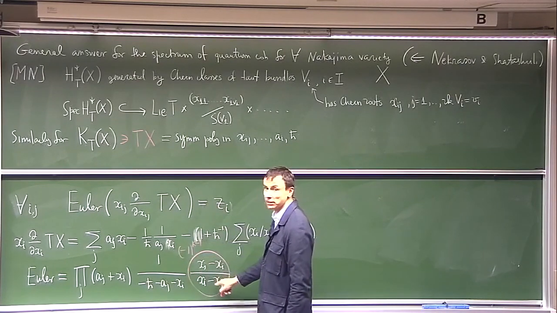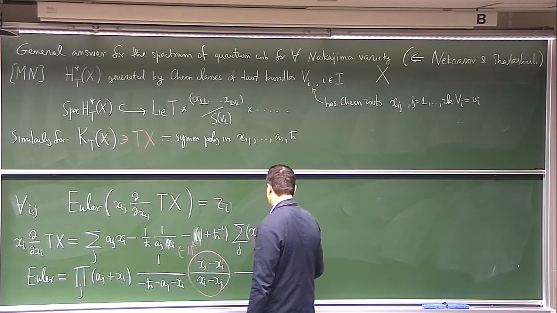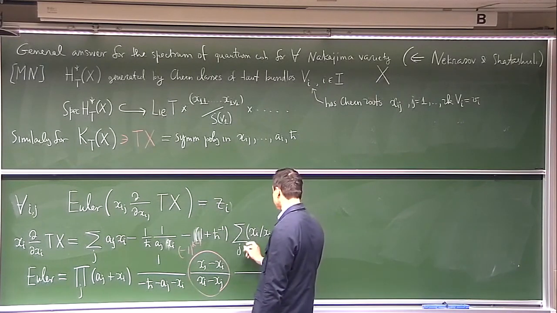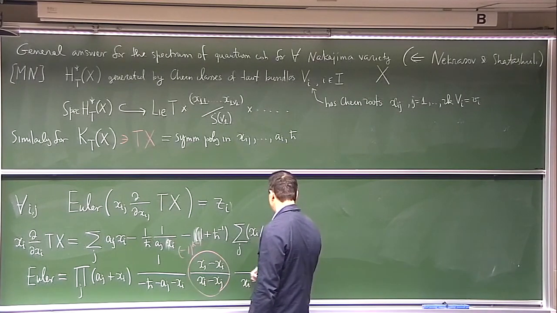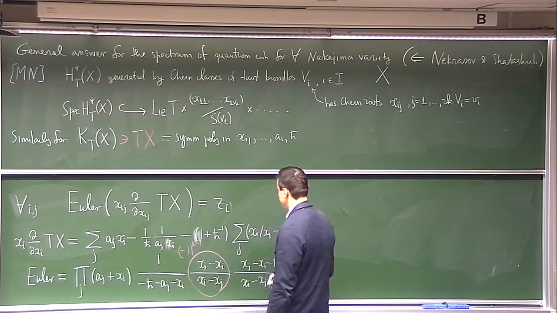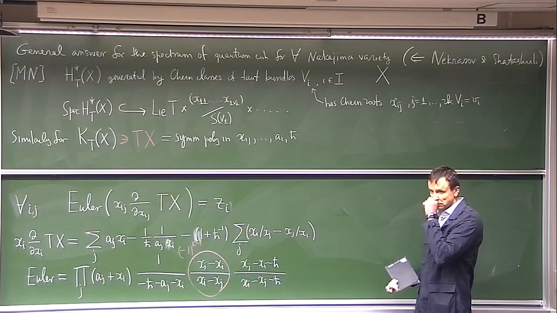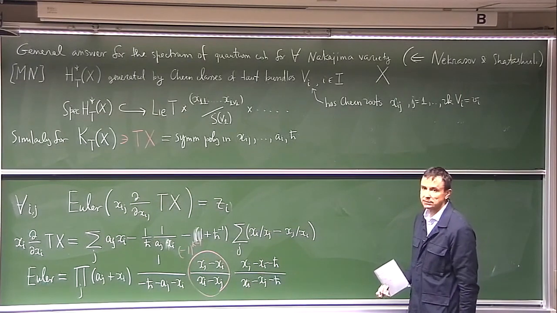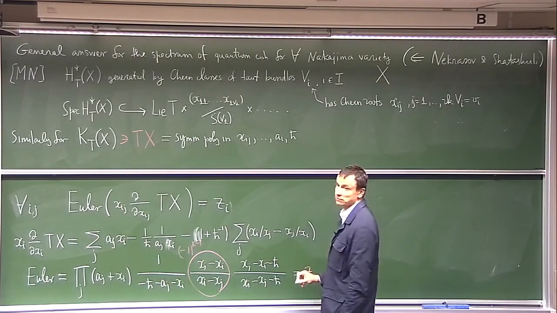This comes from this part. And then the next part is xi minus xj minus h bar, xj minus xi minus h bar. Okay. Does that make sense? This whole big thing has to be equal to z, and this is just a big equation.